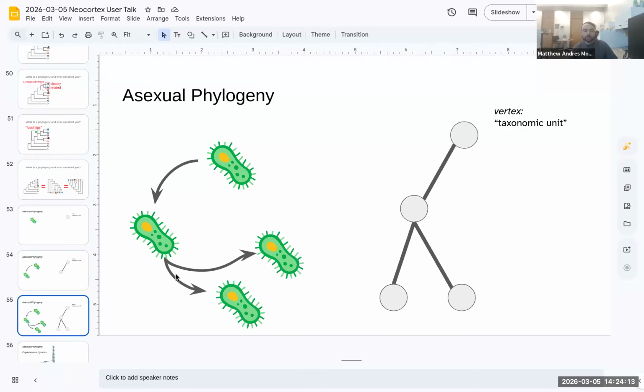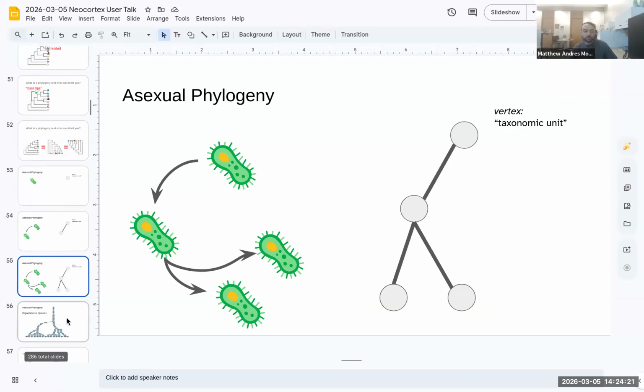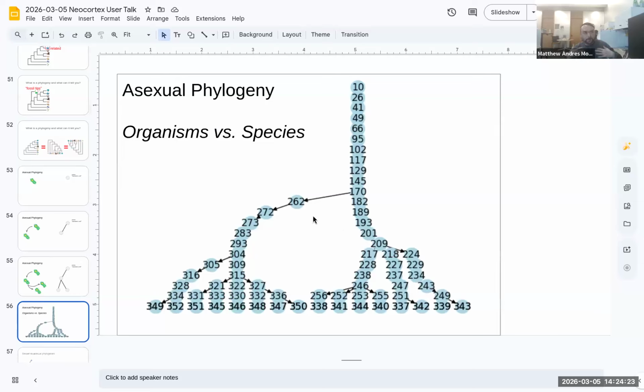As generations continue to elapse, we build up this organism-level phylogeny just based on those parent-child relationships. And so in an asexual system, where every organism has exactly one parent, we get these nice, well-behaved tree structures in the classical computer science sense.